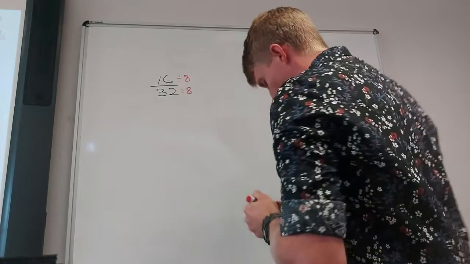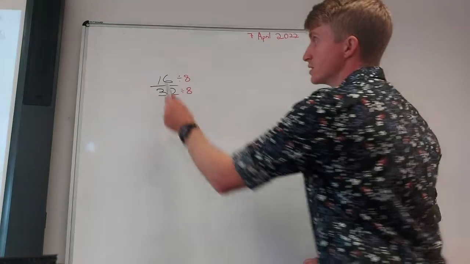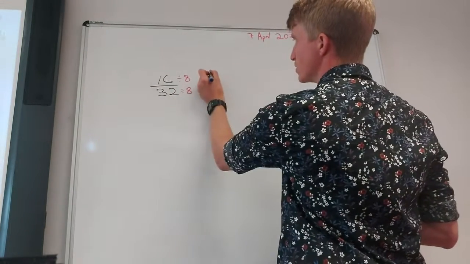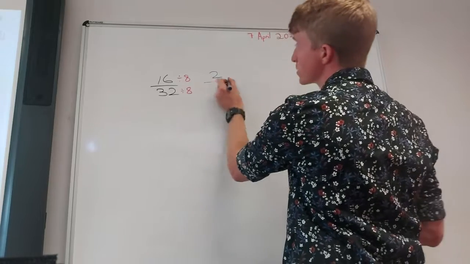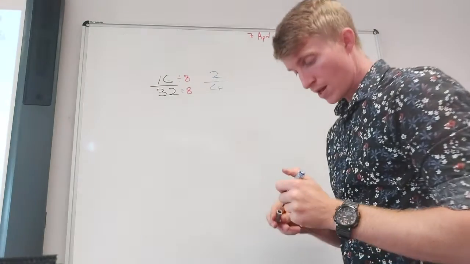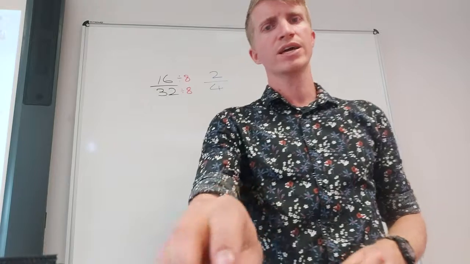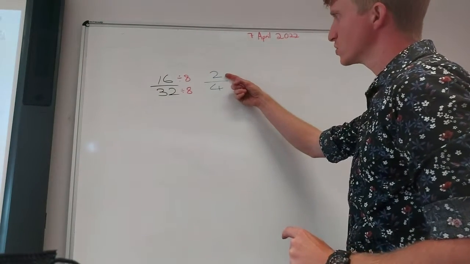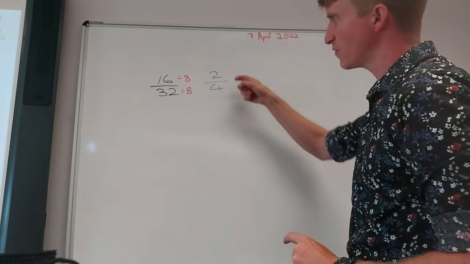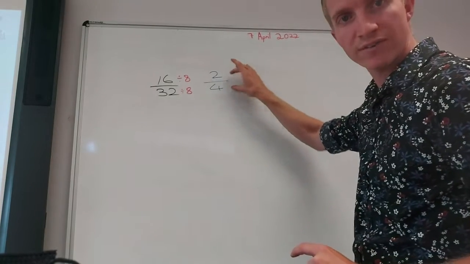That gives me 16 divided by 8 equals 2. 32 divided by 8 equals 4. But now I can see something isn't right here. Can that be simplified further? Yes, because both are even numbers.